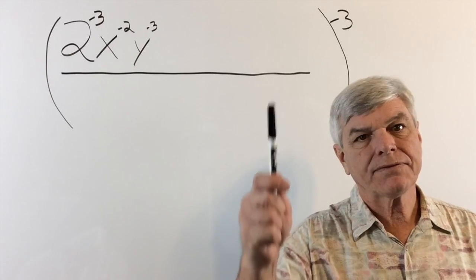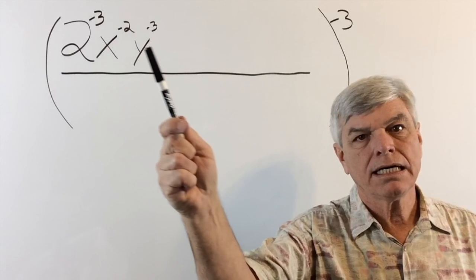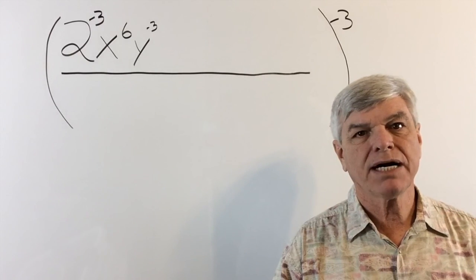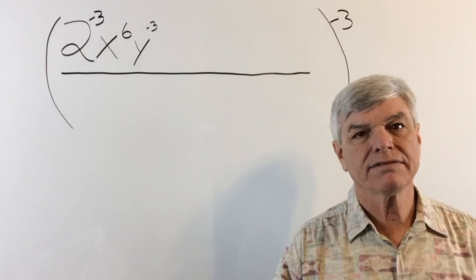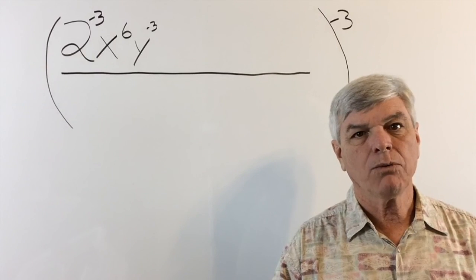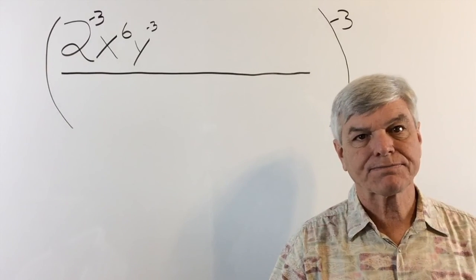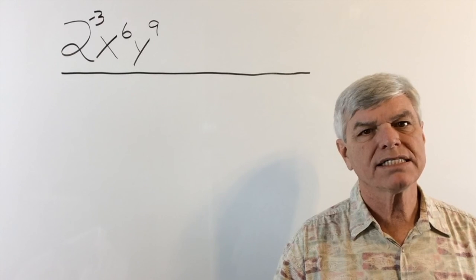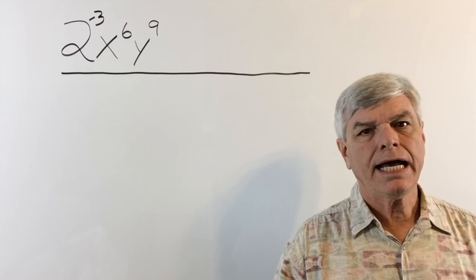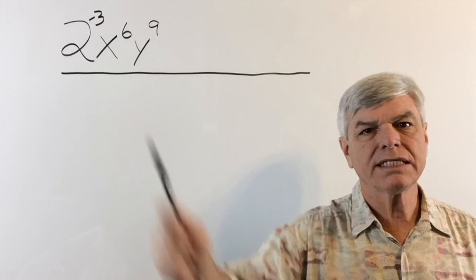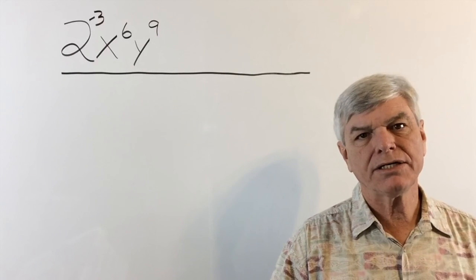And negative 3 times negative 2 is positive 6, x to the positive 6. And y to the negative 3 times negative 3 is positive 9.